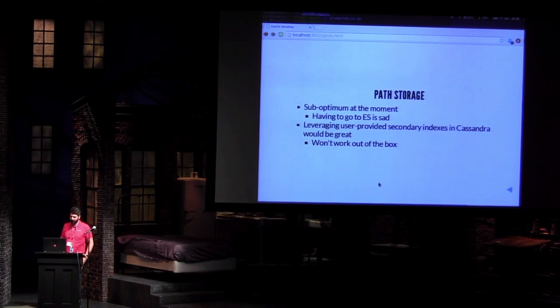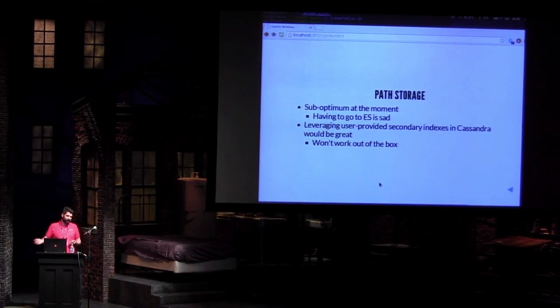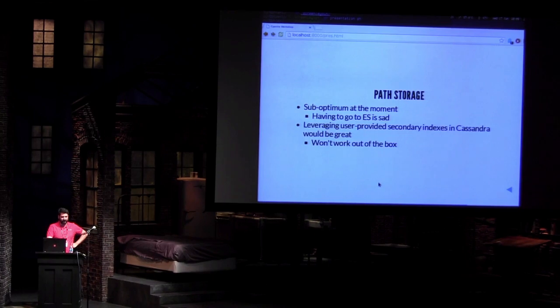Out of the box, Cyanite does this by storing paths in memory and retrieving them from memory, but that can be resource hungry if your cardinality in terms of metrics is very high, and it's also not great if you restart Cyanite. There is within Cyanite itself an Elasticsearch path store.